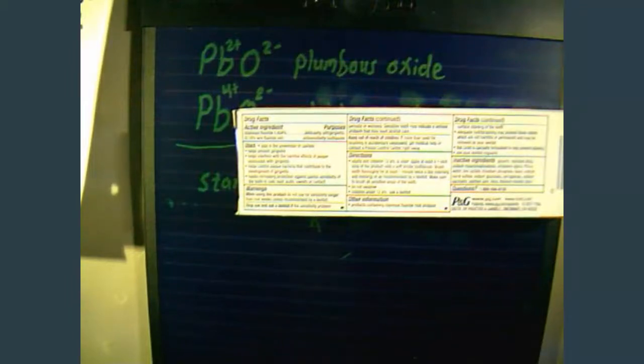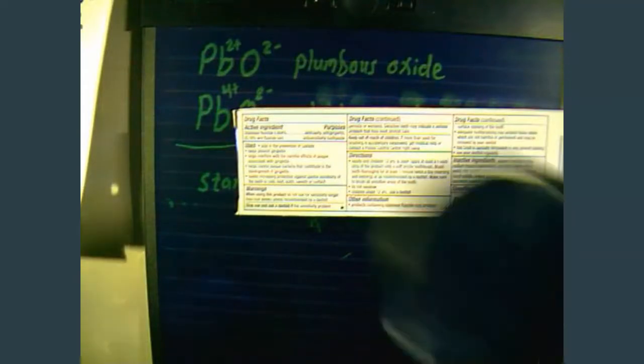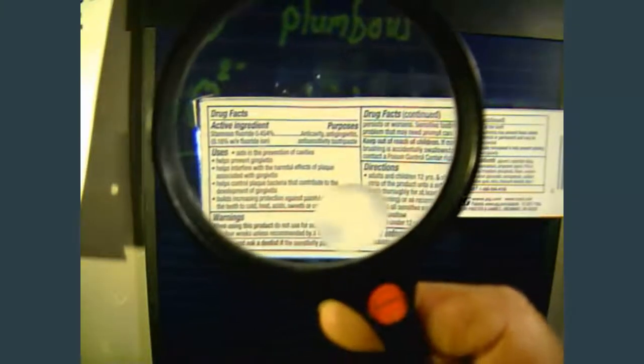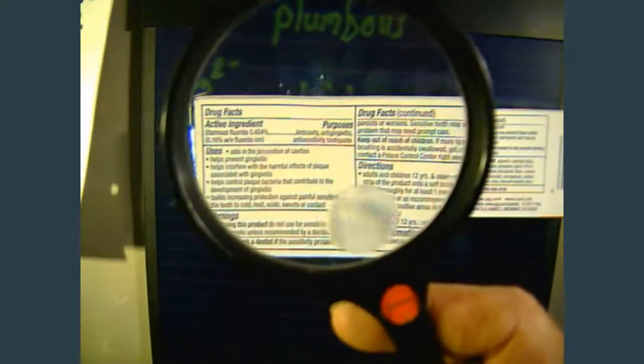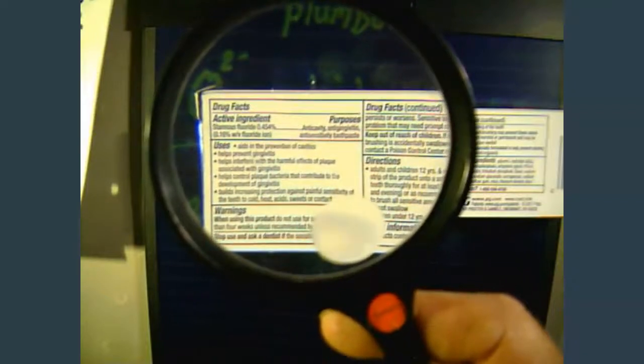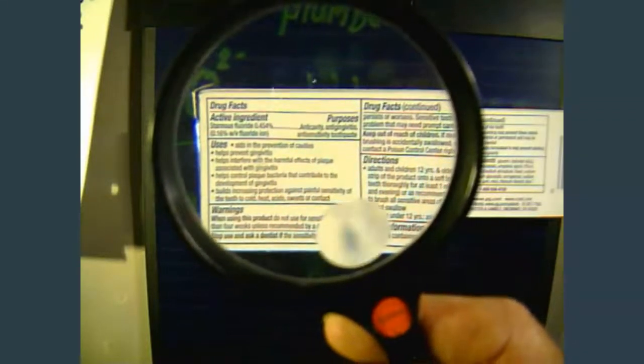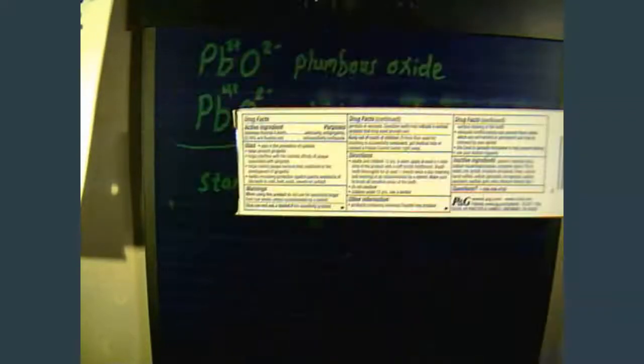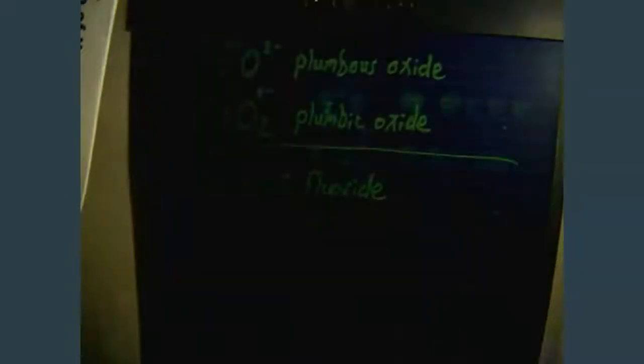Now, the school wouldn't buy me a document camera, so I had to get my own. It doesn't have zoom on there. So being a chemist and a physicist, I have an easy solution: magnifying glass. And so right there we can see that it indeed says stannous fluoride 0.454%, 0.16% weight by volume fluoride ion.